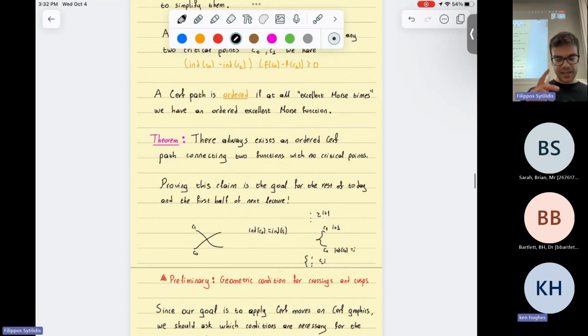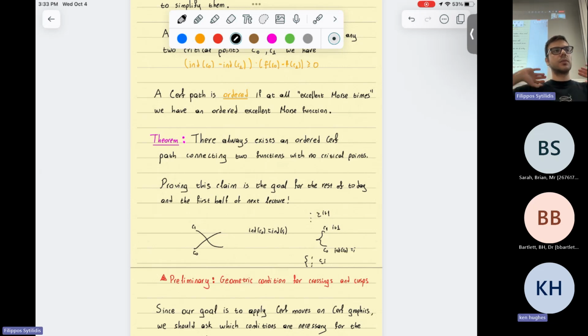Yeah, the theorem, I didn't get the theorem. The theorem says that there always exists an ordered surf path that connects two functions with no critical points. So this is going to be our first step towards simplification of the paths that occur between two functions without critical points.